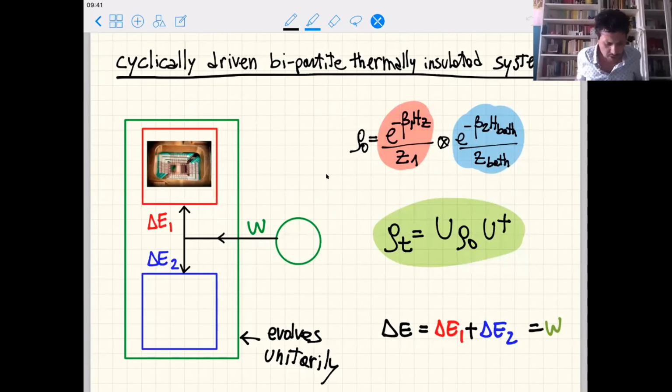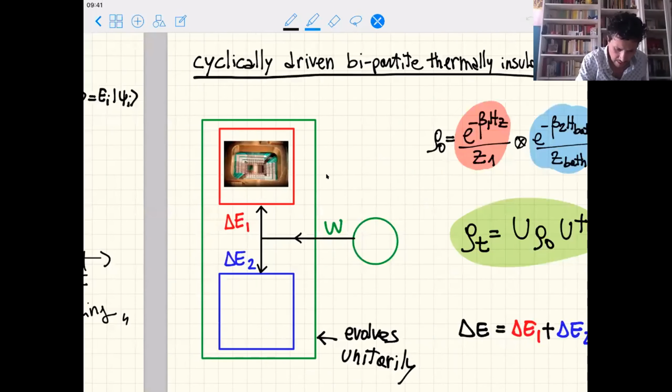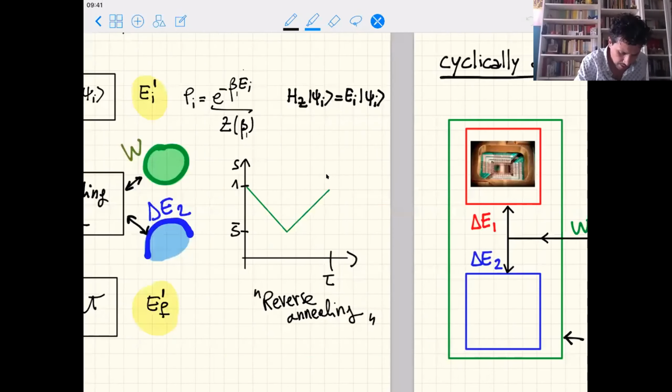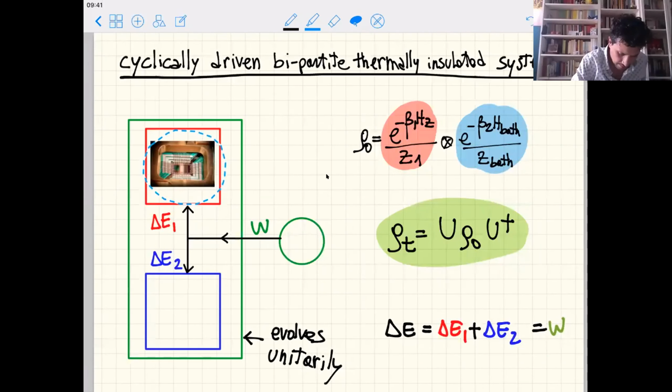So what we have here is a cyclically driven system, cyclically because our driving here is cyclical. You start from 1, you go back to 1. It's bipartite because it is composed of two parts, chip and, so to speak, environment. And the whole thing is thermally insulated.